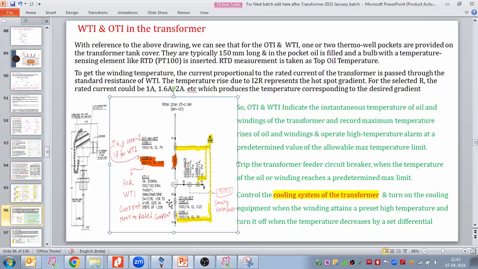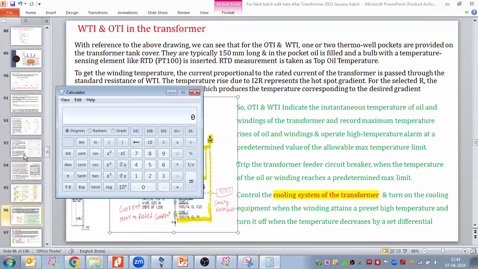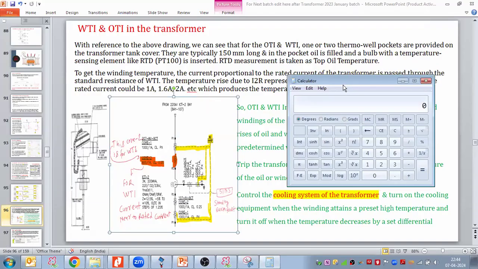So what I'm telling here, let me take the calculator. I have a 200 MVA transformer, right? This is the extract of the SLD. So 200 MVA converting into kVA, 200,000, divided by 1.732, and then divided by 220 kV, the HV side.